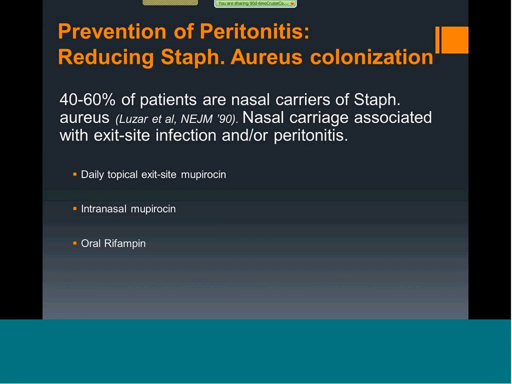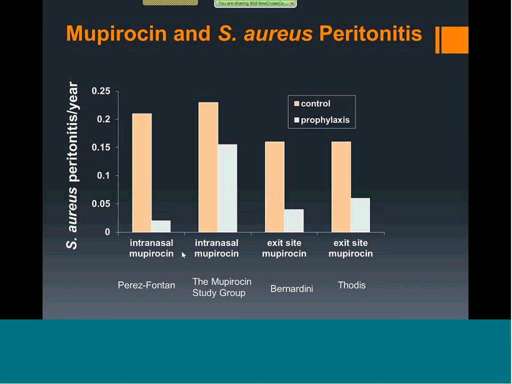And people have used mupirocin at the exit site daily, mupirocin in the nares, or rifampin in the past. What we've known is that whenever you use mupirocin, whether in the nares or at the exit site, there's a profound reduction in episodes of peritonitis.